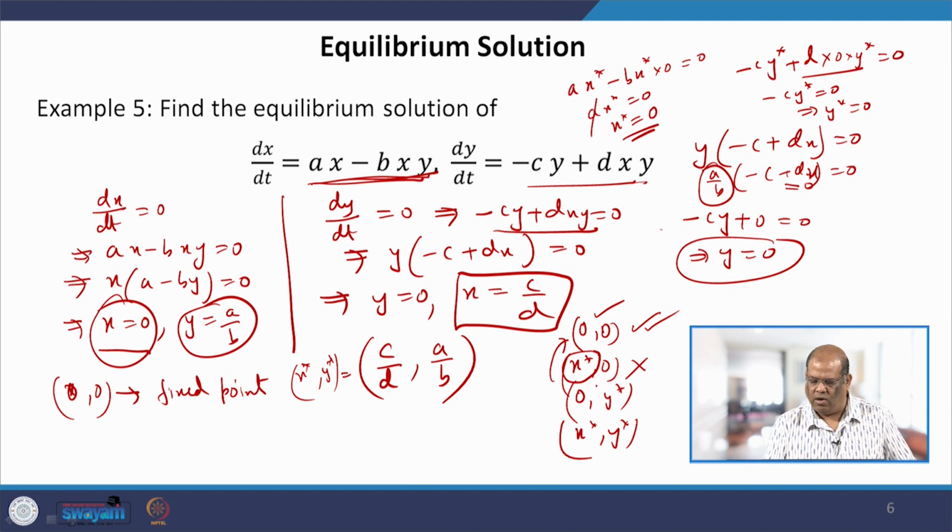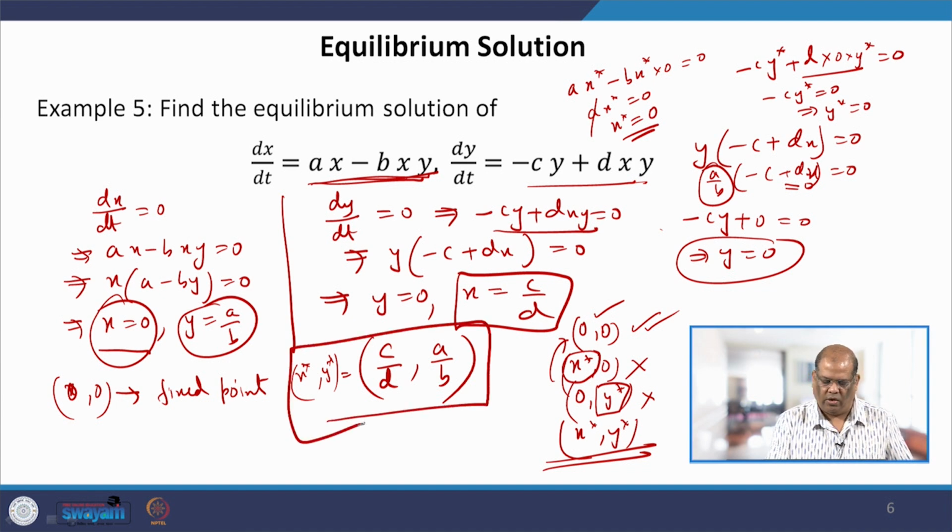So, again there does not exist any non-zero y star for which we have 0 y star as a solution, and hence this will not be the solution. And the next thing is you put x star y star where both x star and y star are non-zero, and you will be getting this particular solution. So, there is another way of checking how many equilibrium solutions there will be, and you get the solution.